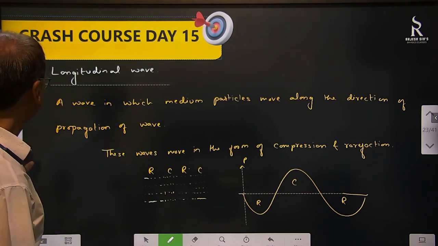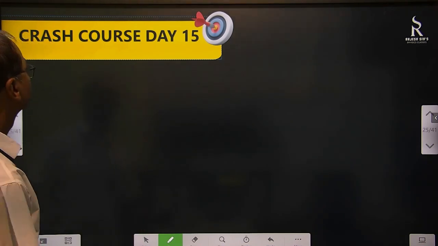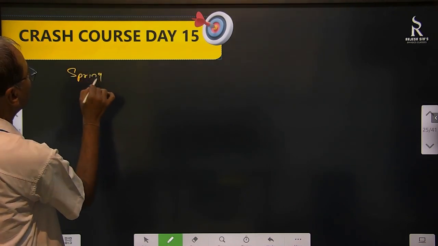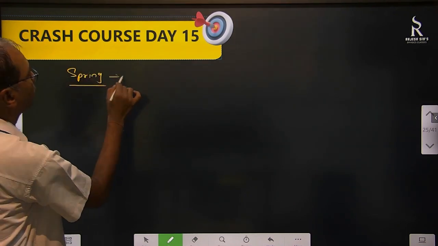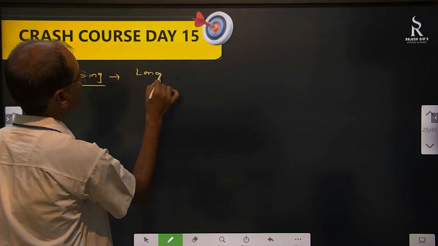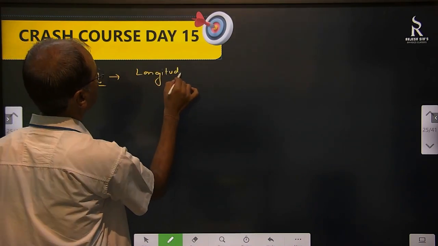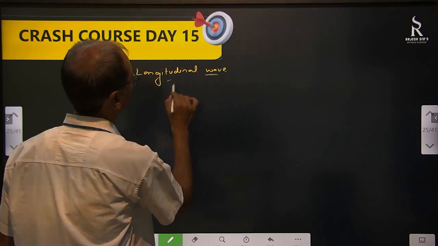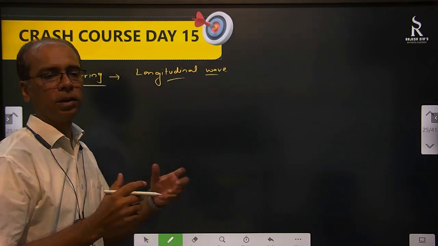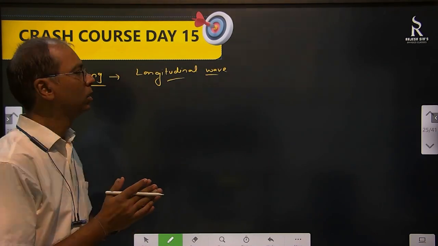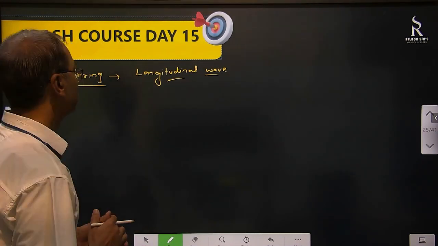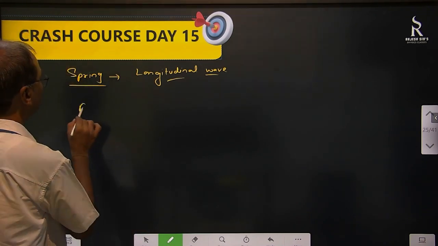Suppose I say that I am producing a wave in a spring. Which kind of wave can be produced? Longitudinal. Okay, so we are producing a longitudinal wave in a spring. And what happens in a spring? We all know that it will be expanded, then we compress, expanded, compression. So what is the property it has? Elasticity. Okay, so for a wave, it's necessary in a medium.